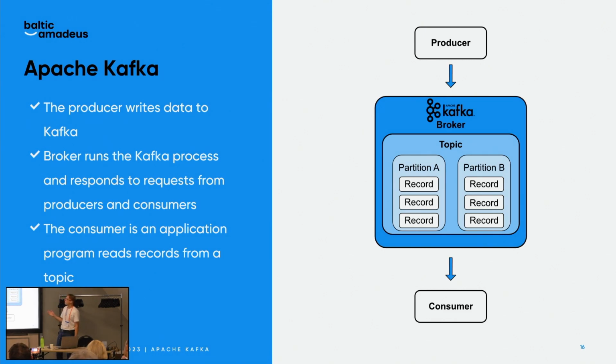Now, this is really a simplification of how Kafka operates, but it gives us a pretty good idea to understand how we were thinking in this proof of concept. There are 3 parts. There is a producer, a Kafka broker, which contains topics, and there is a consumer. So the producer is just a piece of code which writes the data to Kafka topics, then the topic or the whole broker is kind of responsible for accepting the producer's requests and giving out the information to the consumers.